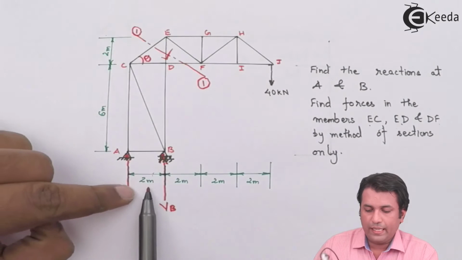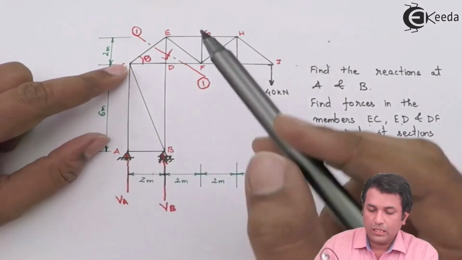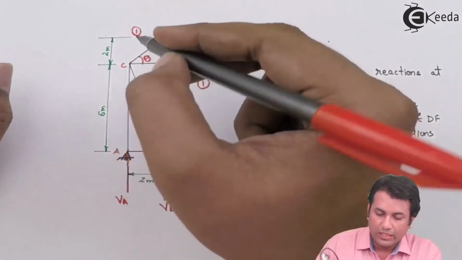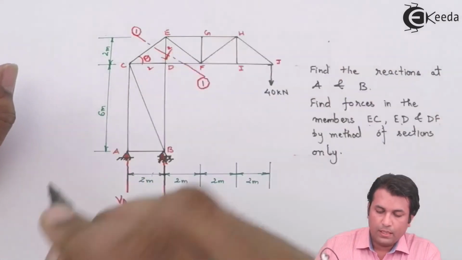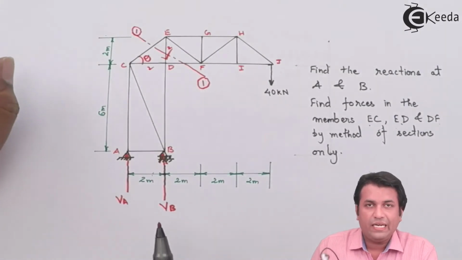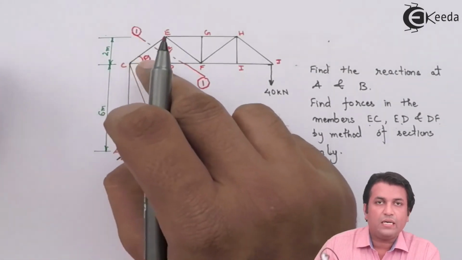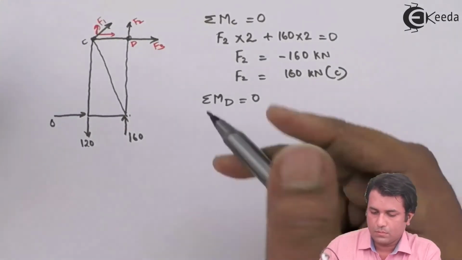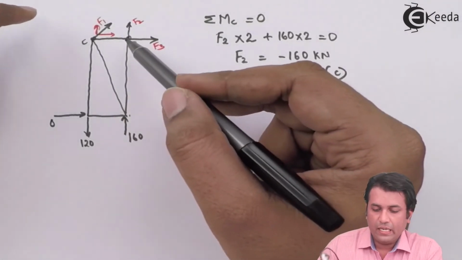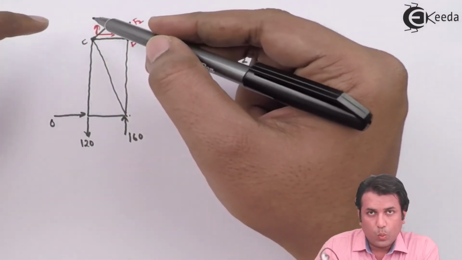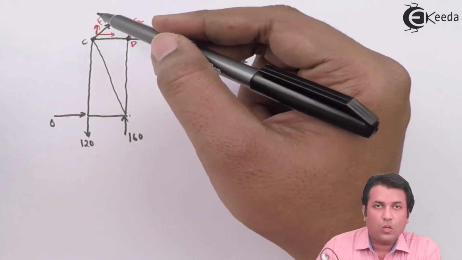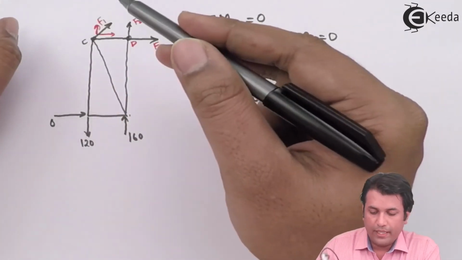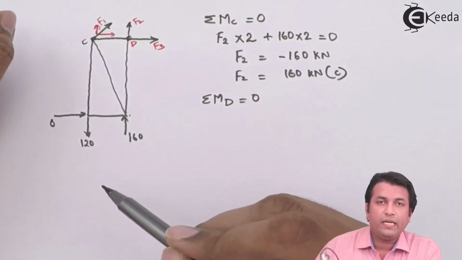Now this length CD happens to be 2 meters, and at the same time you can see that DE is also 2 meters. So this is like a 45, 45, 90 degree triangle. So I can say that this theta is 45 degrees. Now, with respect to D, the F1 vertical component is going to create a clockwise moment, whereas this force is going to create an anti-clockwise moment.